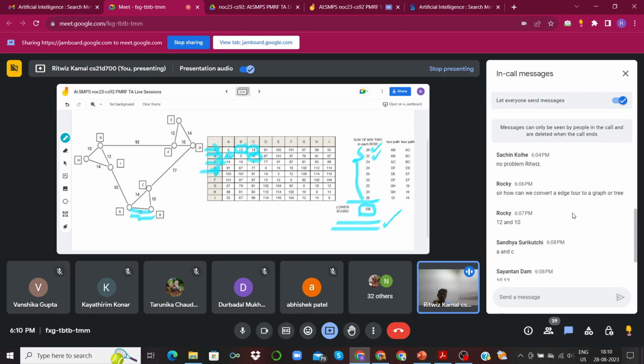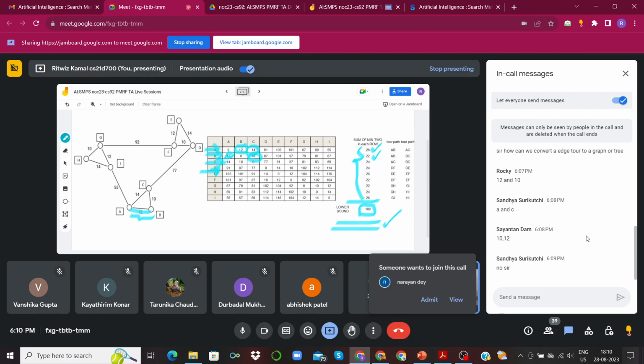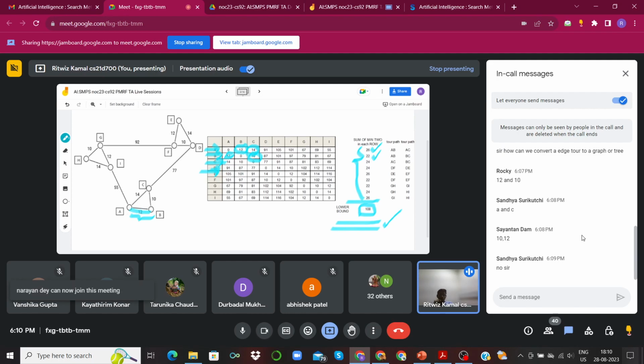So those could be the children of the node that you're starting from. Then again, from each of those individual child nodes you could further branch into the nodes that you could go to from those child nodes. And that's how you can convert your edge tour to a graphical structure or a tree structure. I hope that addresses your question. If not, let me know.